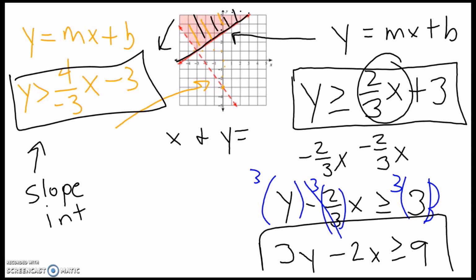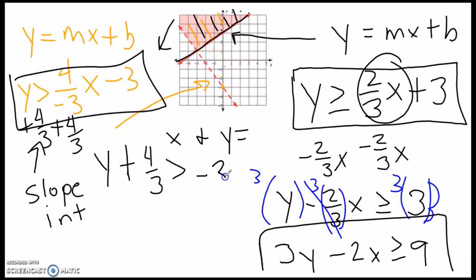I'm going to try to get this x to the other side, so I'll have y. Since this is a -4/3, I'm going to add 4/3 to both sides. When I add it over, I should have this right here.